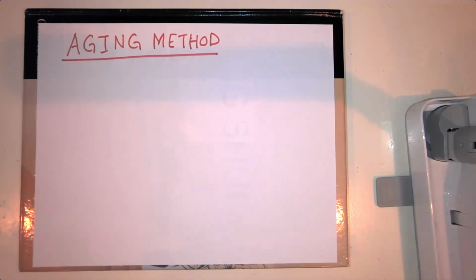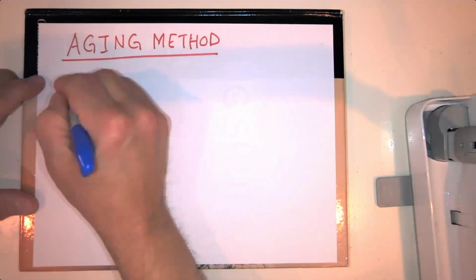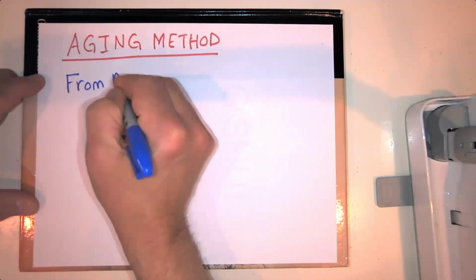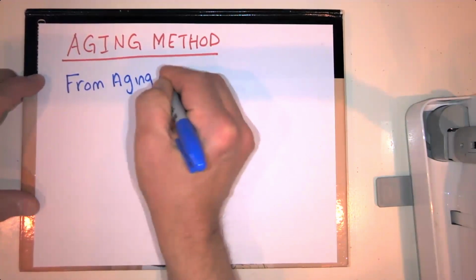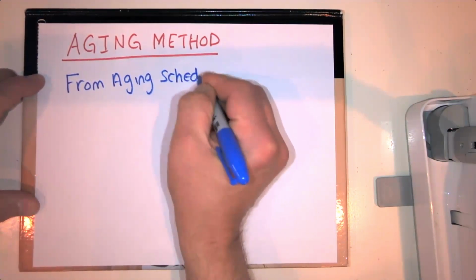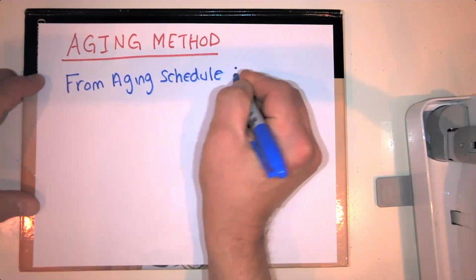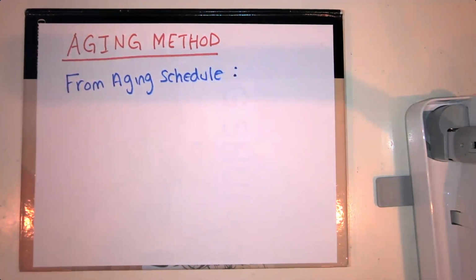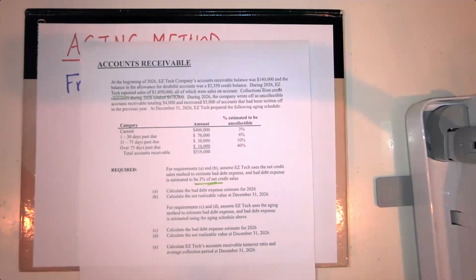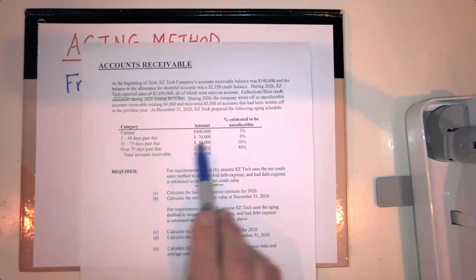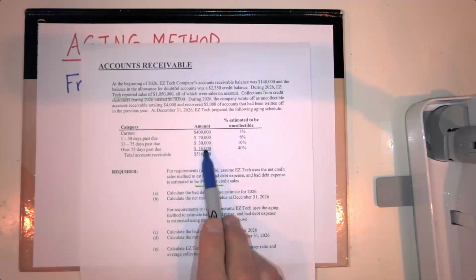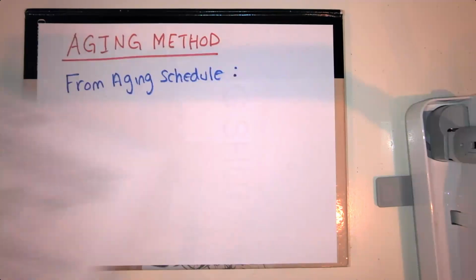The way the aging method is going to work is we're going to make use of the aging schedule. So from the aging schedule, what you're going to do is you're going to take the amount of the accounts receivable. Remember, the aging schedule puts the receivables into different categories by age.